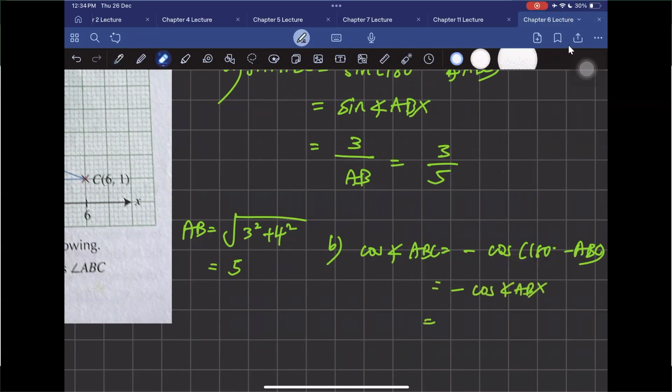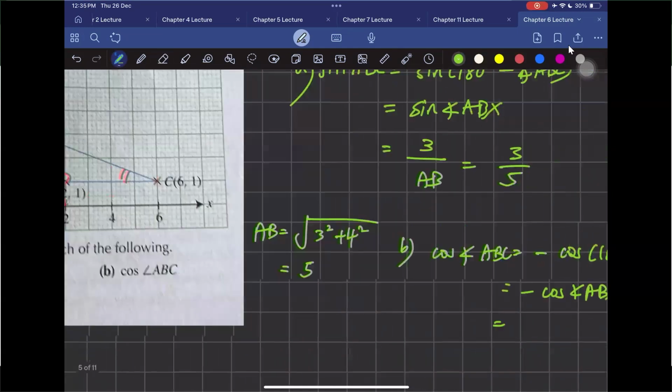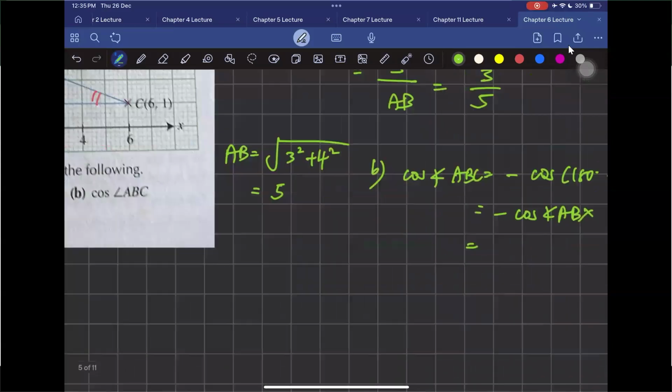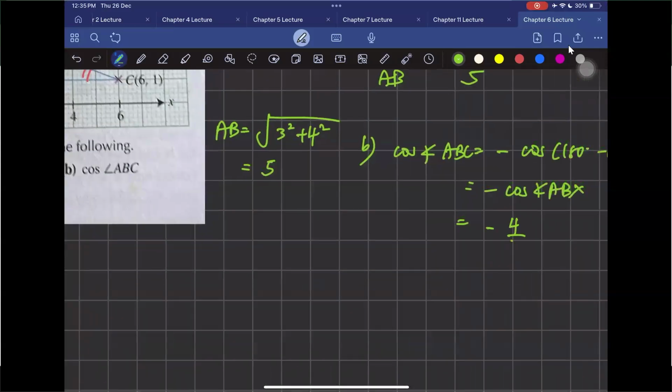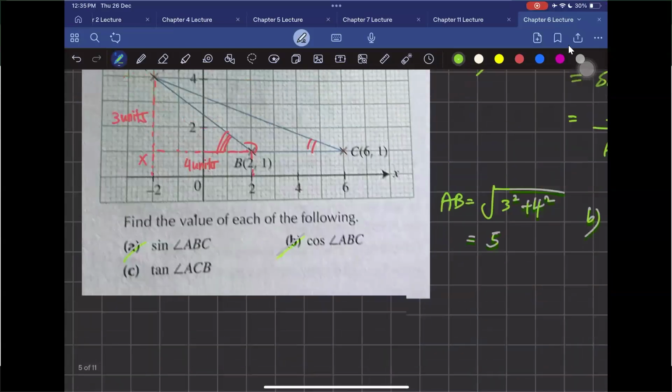If you see, my working is actually very structured, so I do want you to write down all this so that your thinking is very structured. So your negative cos ABX, if it's just cos ABX, it would be 4 over AB, which is 5 units. So it's negative 4 over 5. Okay, so the first two parts are done.